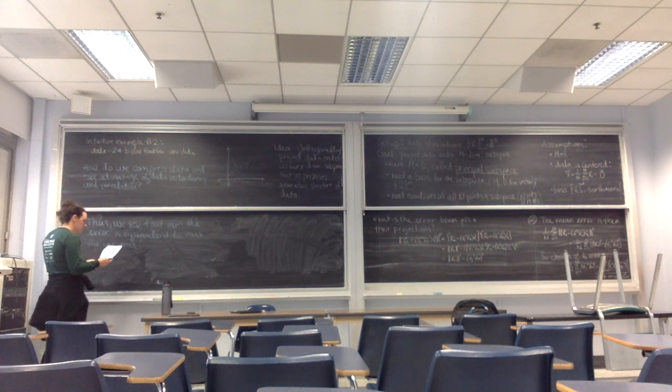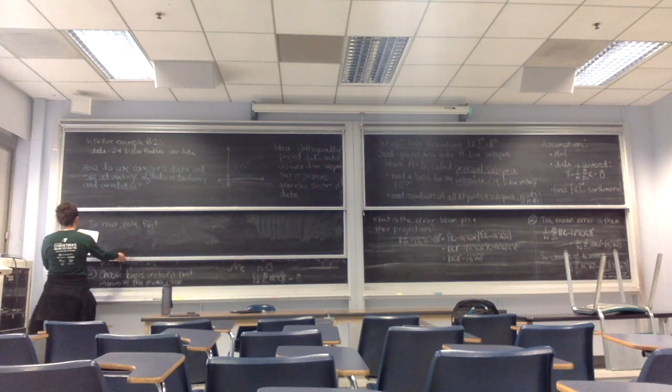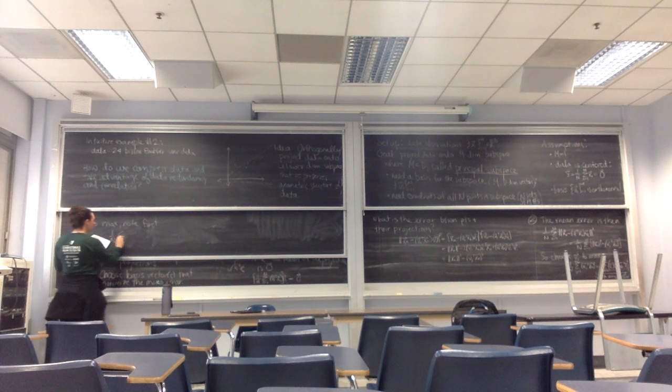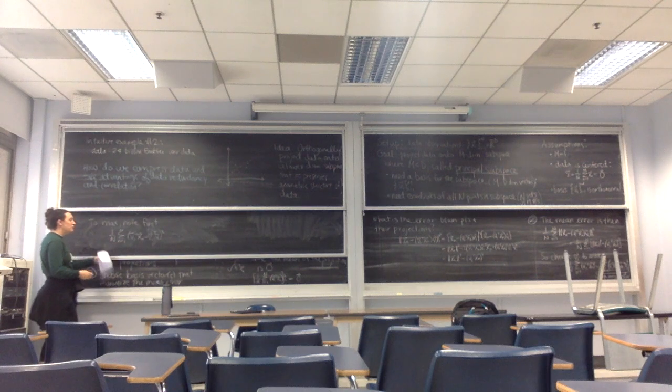Now to maximize, note first that we can do a little bit more simplifying that will make this look a little nicer. We have 1 over n, the summation of v1 transpose xn minus v1 transpose x bar quantity squared. Now I'm going to do two things at once.